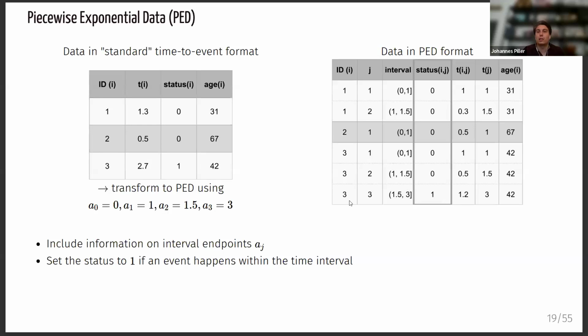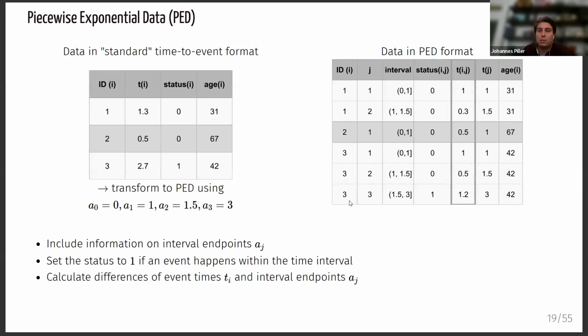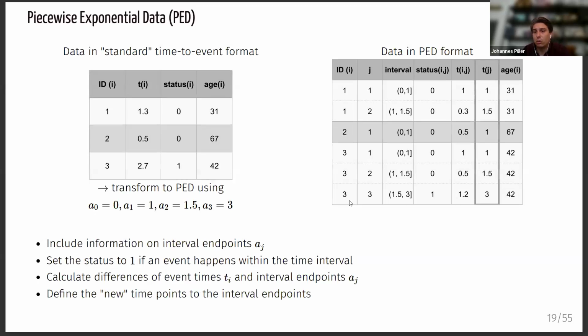And then for further calculation, which I will omit, you also copy the differences of the time to the interval endpoints, and you will also just copy the interval endpoints, and then you have your data in your piecewise exponential data format.